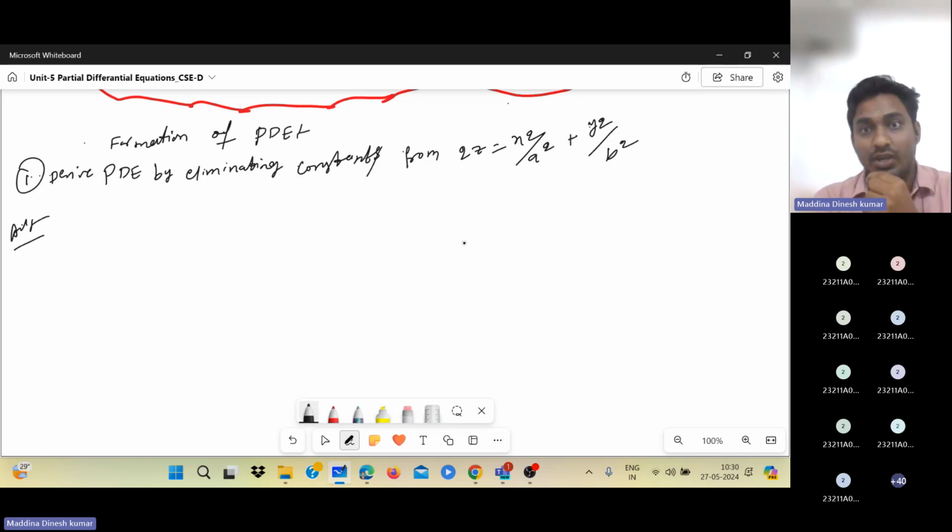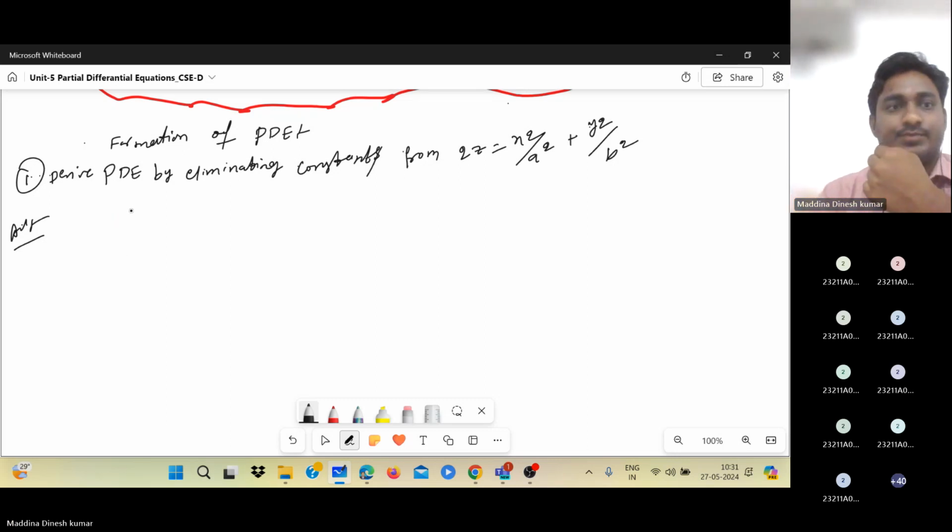It's our wish. You can derive up to the first order or second order. But in that process, we must eliminate these constants, and automatically you will get the required PDE. When it comes to the operations, it's our wish. You can do any operation, subtraction or addition, division, multiplication, whatever it may be.